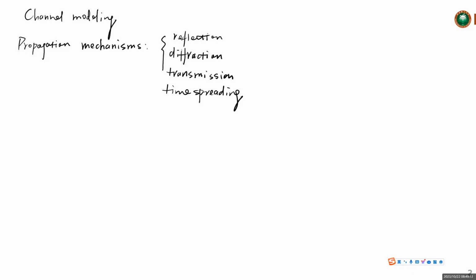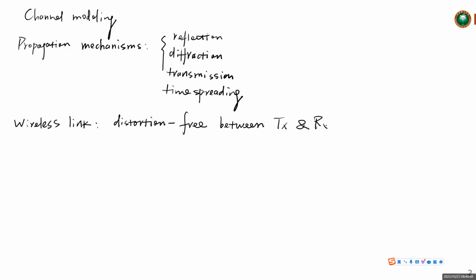The wireless channel, as with the various wired channels, should provide a distortion-free link between the transmitter and the receiver.